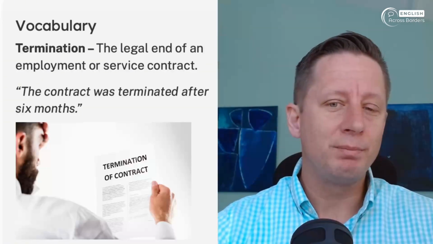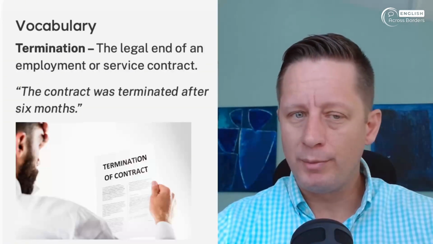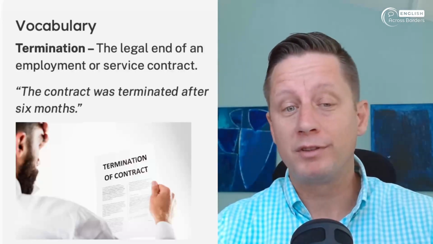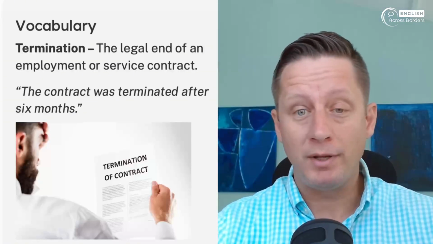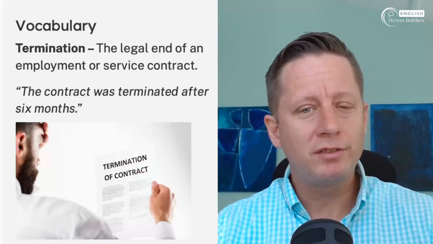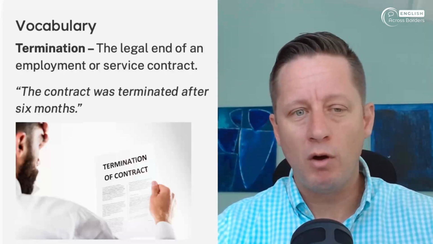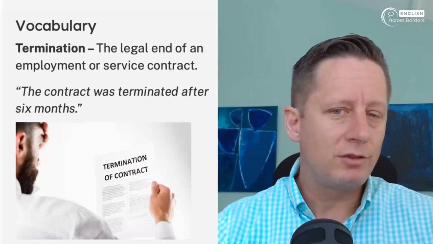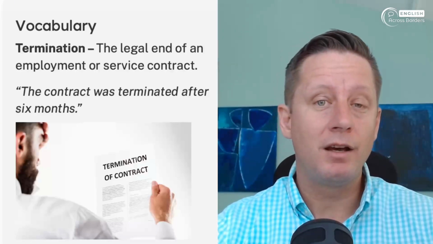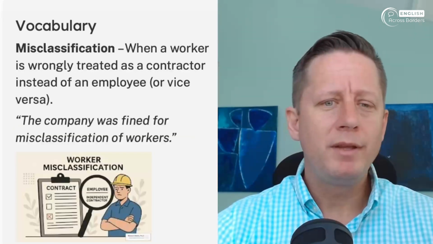The lawyer explains both are terminations, but employment law offers employees protections like notice periods and severance pay. Contractors usually just end when the project is over. Understanding termination helps lawyers explain rights at the end of a working relationship.